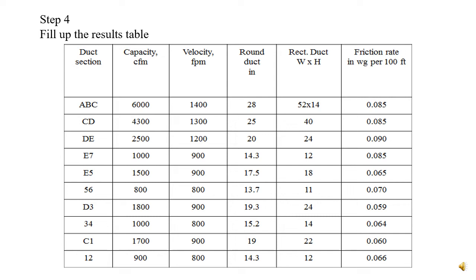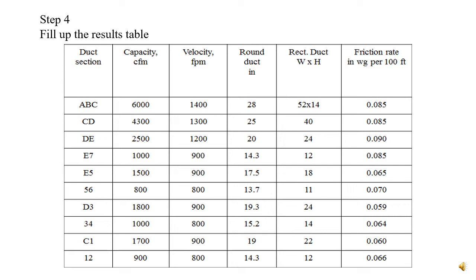And the fourth and the fifth columns are actually the size of the duct. One is for a round duct and the other one is for a rectangular duct. And it is again to be reminded that if possible, the width must be greater than the height.